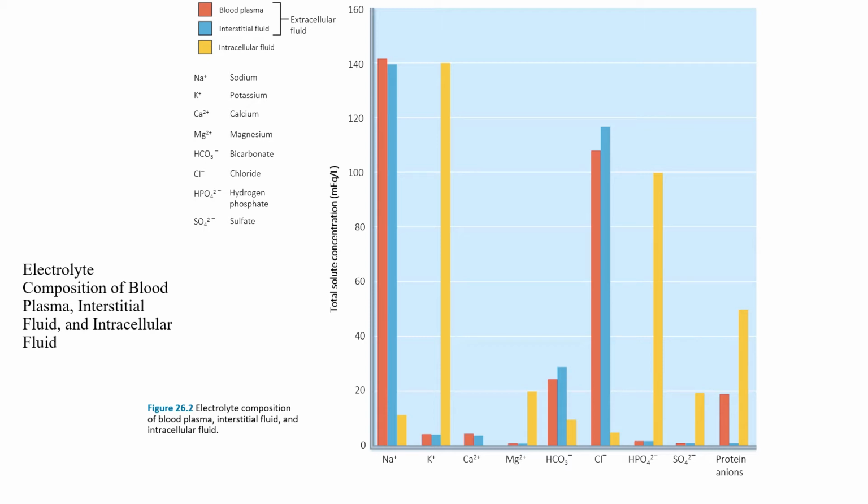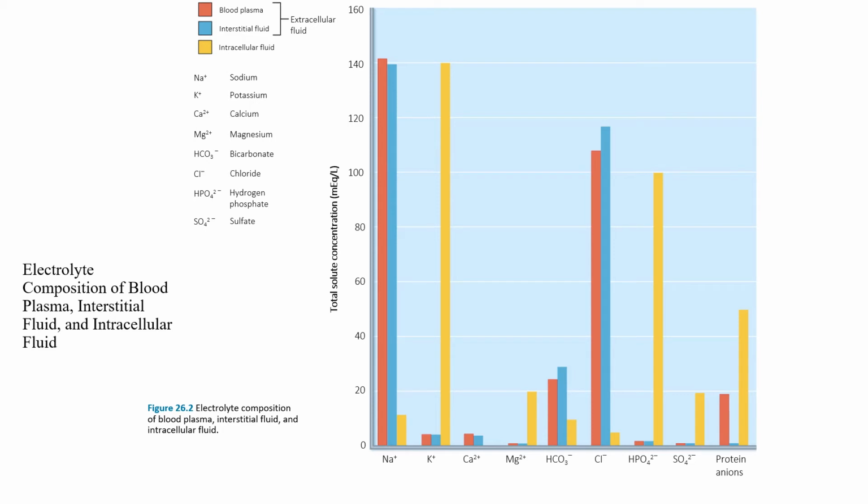What do you notice about calcium, magnesium, bicarbonate, chloride, phosphate, sulfate, and proteins? Take a good look and note intracellular, the highest potassium, magnesium, phosphate, sulfate, and proteins.